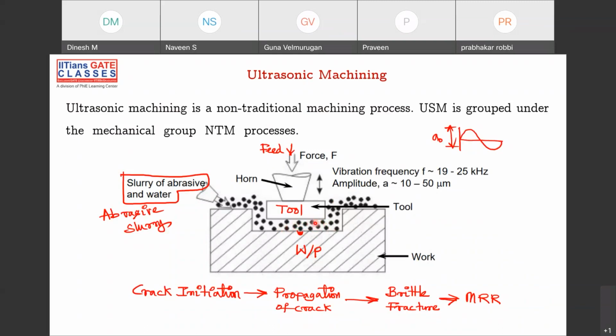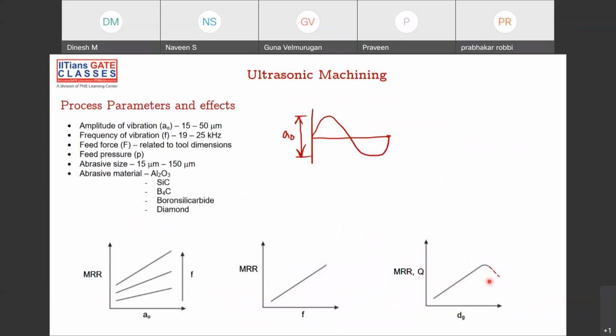The big particle is hitting another particle, so it is losing its momentum, and the loss in momentum is very high. The momentum that reaches the workpiece will be less. So that's the reason why after a certain increase of diameter of abrasive particle, the material removal rate comes down. So it has some threshold value, a saturated value.